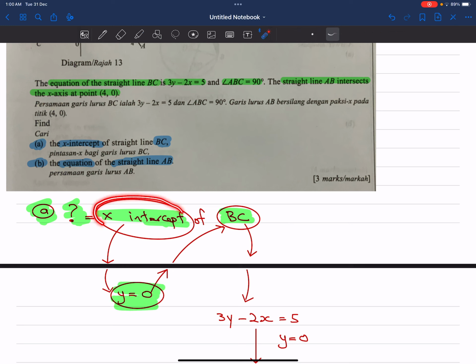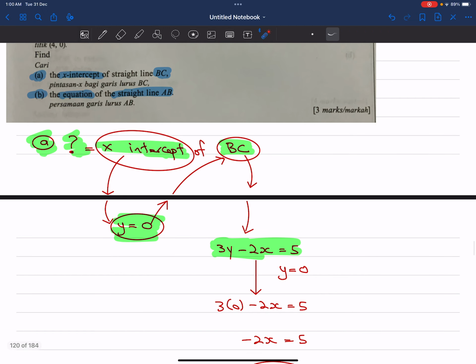At the x-intercept, the y coordinate is 0. So we take the y coordinate 0 and substitute in the equation of the line BC, which was 3y minus 2x equals 5. This was given to us.